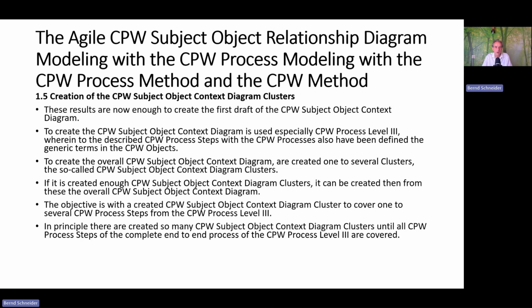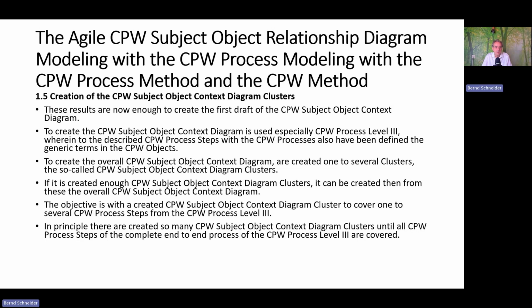To create the overall CPW subject object context diagram, one to several clusters are created, the so-called CPW subject object context diagram clusters. If enough CPW subject object context diagram clusters are created, the overall CPW subject object context diagram can then be created.